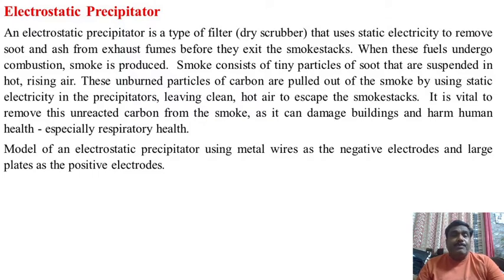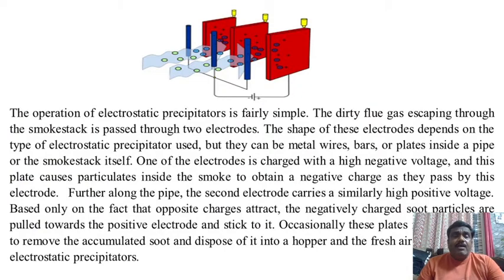Here, electrostatic precipitators work on the principle of static electricity. The operation of a precipitator is fairly simple. The dirty flue gas escaping through the smokestack is passed through two electrodes.